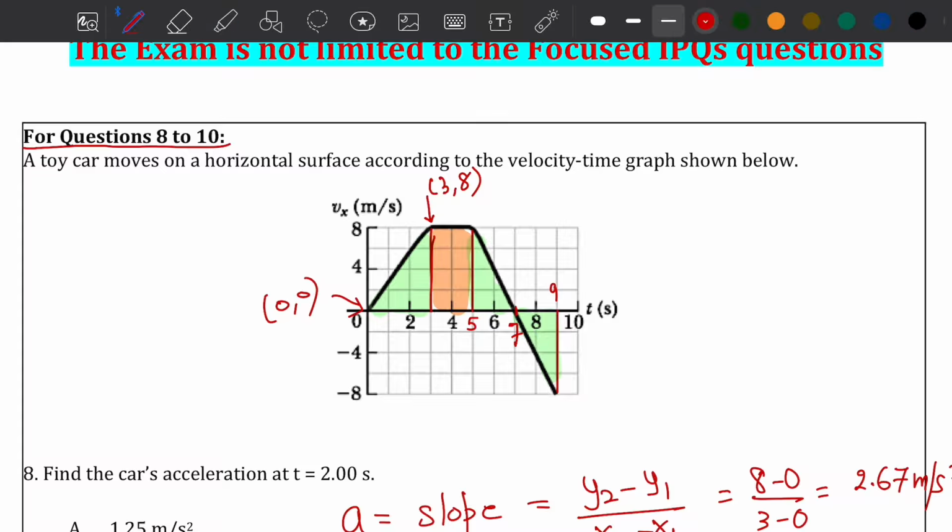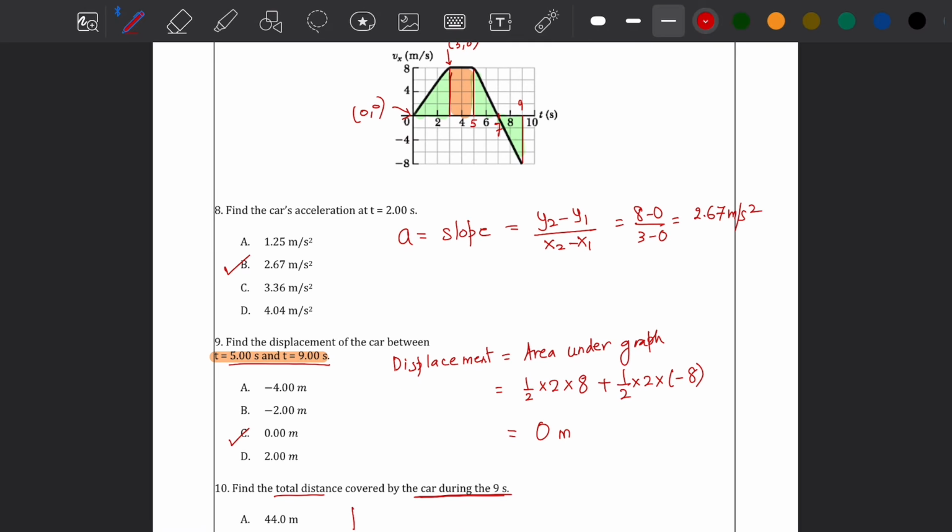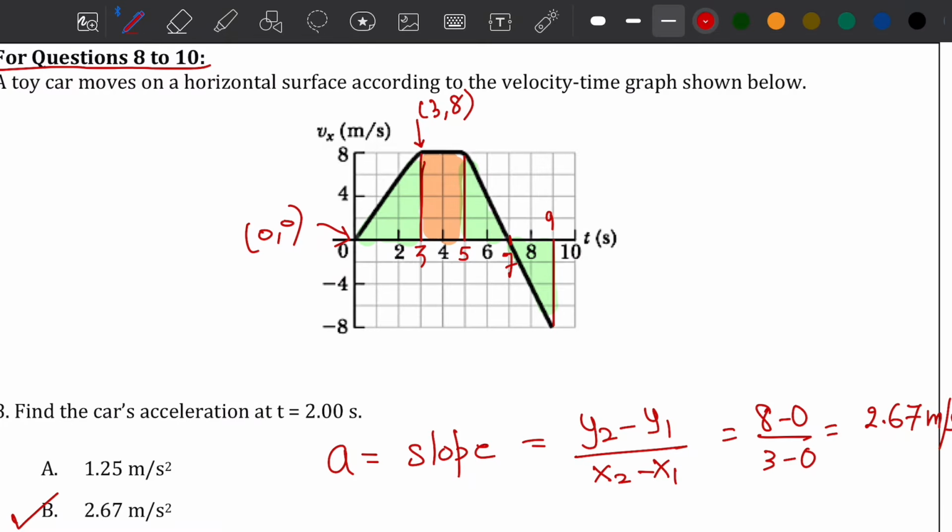So for the triangle, let's write down again, distance is equal to area under graph. So for the first one, it will be half times the base. To find the base, we need to label this point, which is 3.